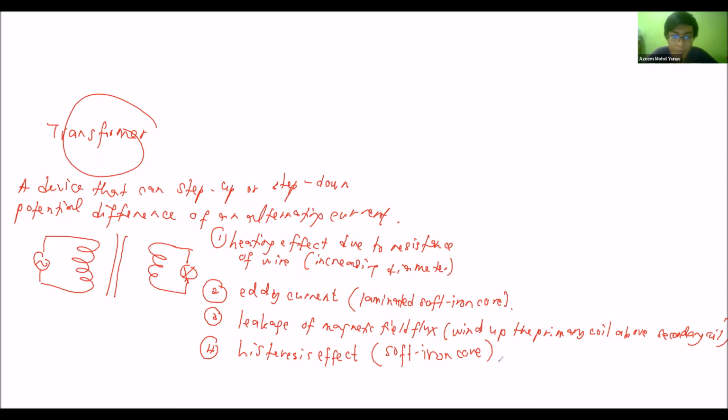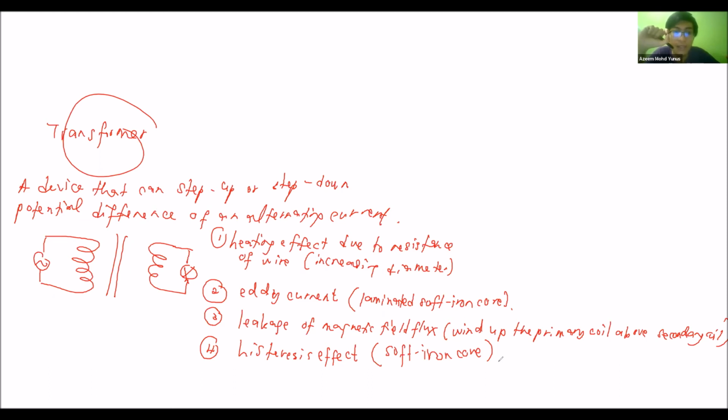So what is eddy current? Eddy current is actually the current produced due to the process of induction inside the iron core as well. That's due to the lagging because of the hysteresis. There exists a small magnitude of induced current due to the changes of the magnetic flux of the iron core. That current, if we accumulate it, will produce a significant amount of heat as well.